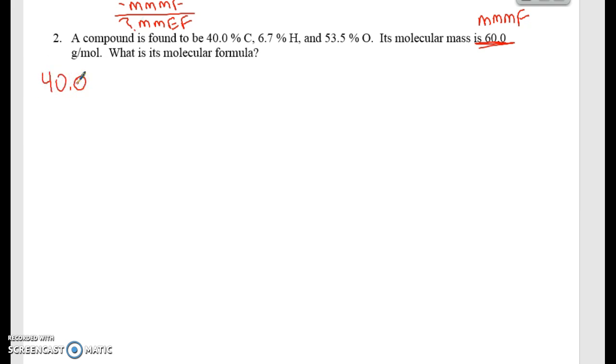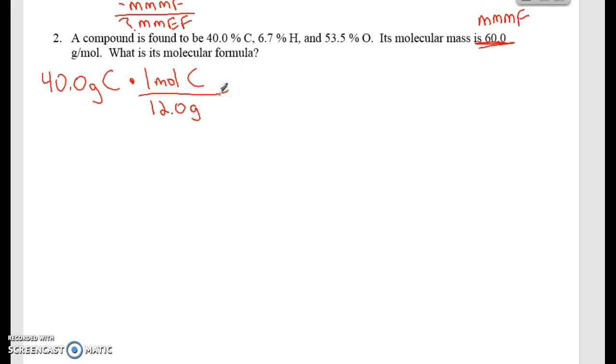Since these percentages add up to 100% or something very close to 100%, what we could do is just take those percent signs and convert them to grams. So 40.0 grams of carbon. We want to convert this into moles. We know 1 mole of carbon is 12.0 grams of carbon.